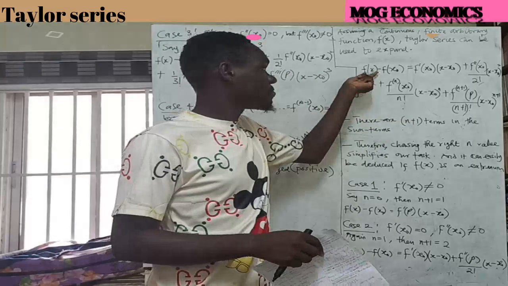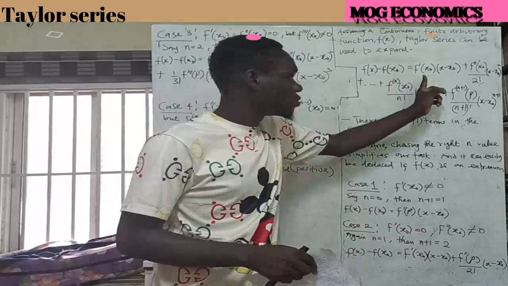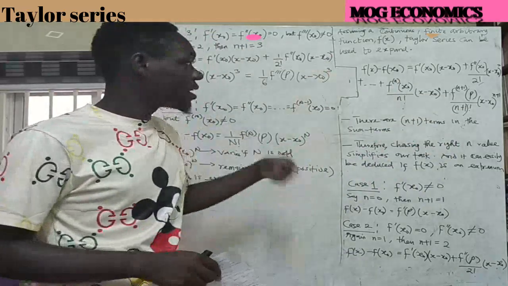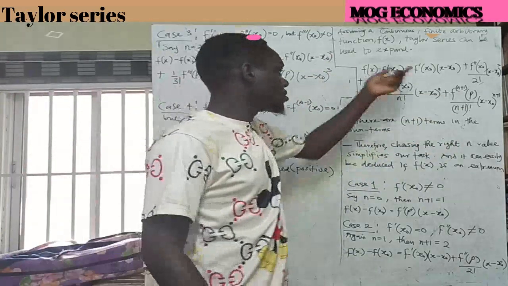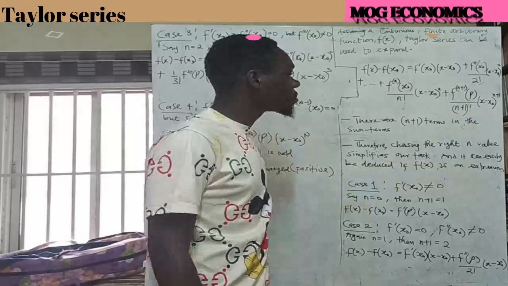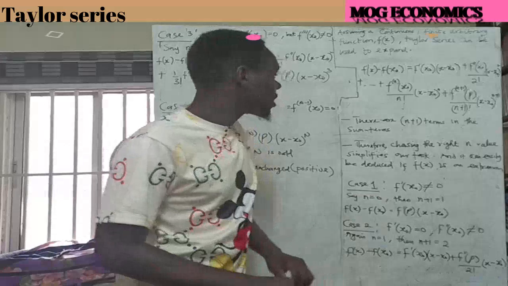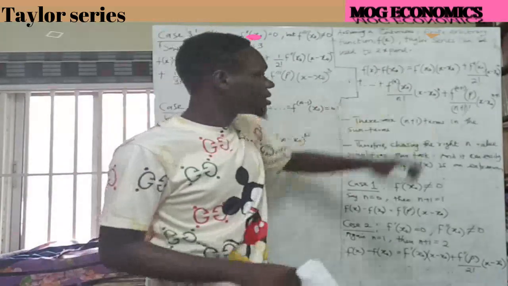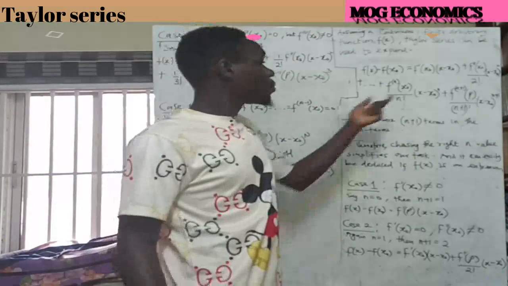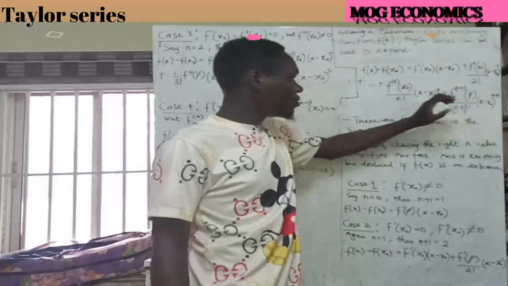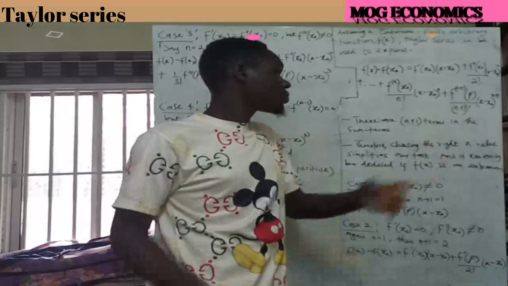We have f of x and f of, so you see the notations. Instead of using the phi sign, we are using the f of in this case. It is still the same formula, and you notice that we have n plus 1 terms in the sum series. What do we mean by the n plus 1 terms?